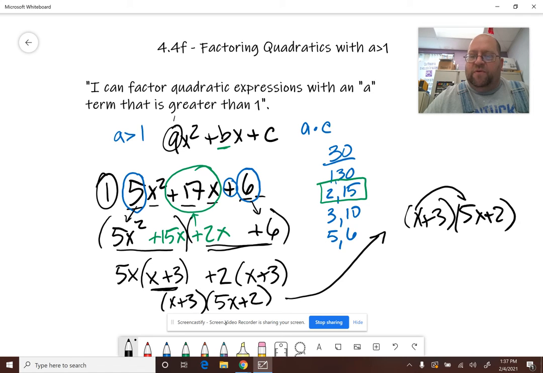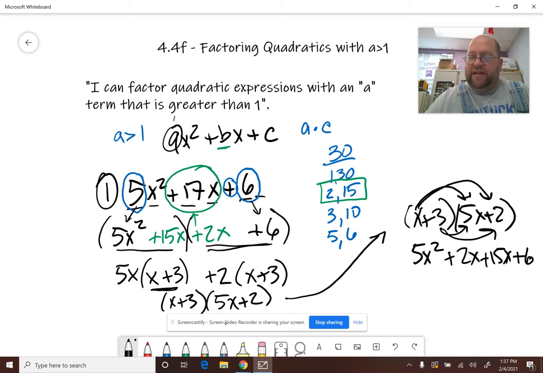If I do full, x times 5x is 5x squared. x times 2 is 2x. 3 times 5x is 15x. 3 times 2 is positive 6. The only like terms I have are in the middle.